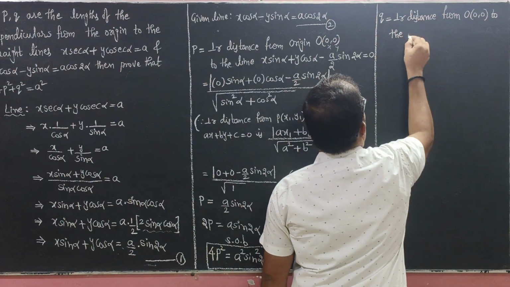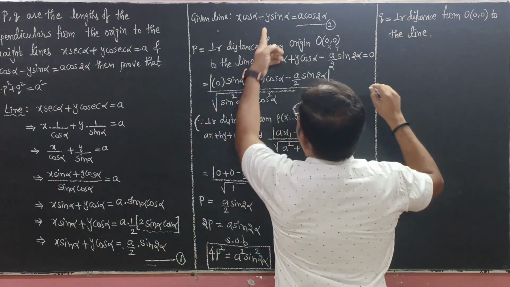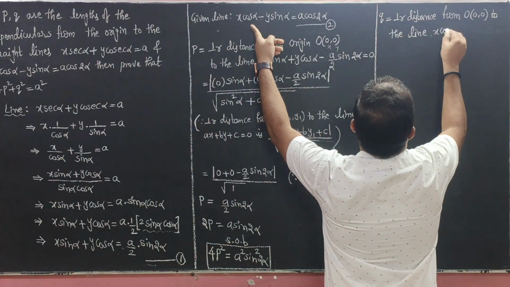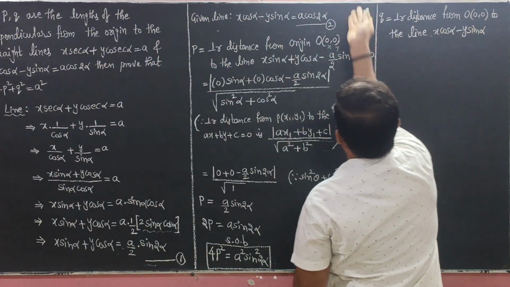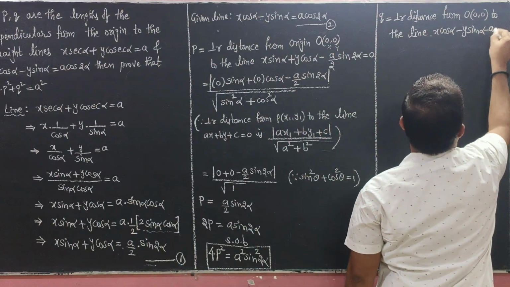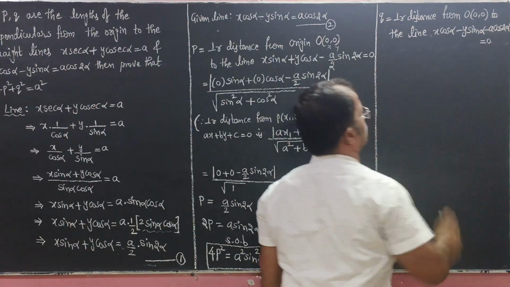What is the line equation? The second line is x cos alpha minus y sin alpha plus a cos 2 alpha, which becomes minus a cos 2 alpha equals to 0, okay.